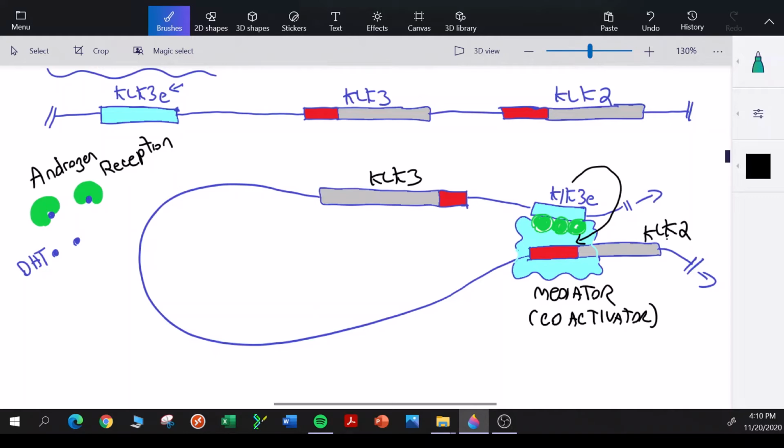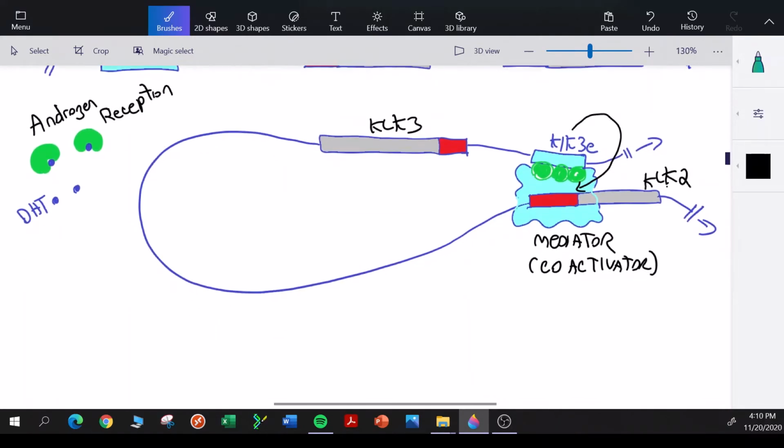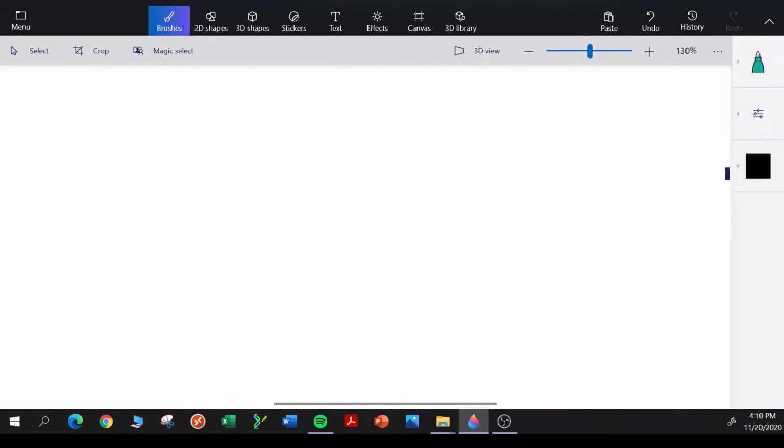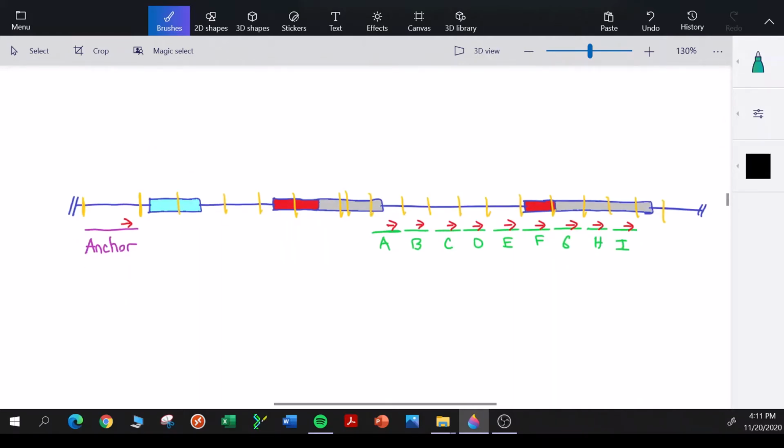So the authors are going to use the 3C assay, the Chromatin Conformation assay, to test this hypothesis. So, okay, how are they going to use that? So hopefully in your notes you have the list of steps I went over. And one of those steps was, get some cells, right? Now they're going to have some cells that have been treated with DHT.